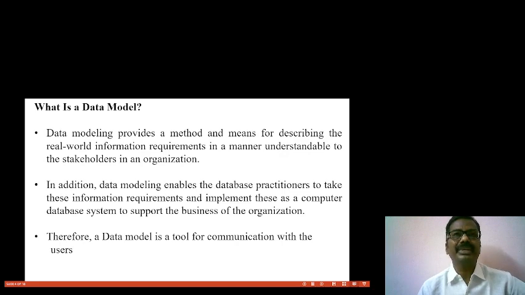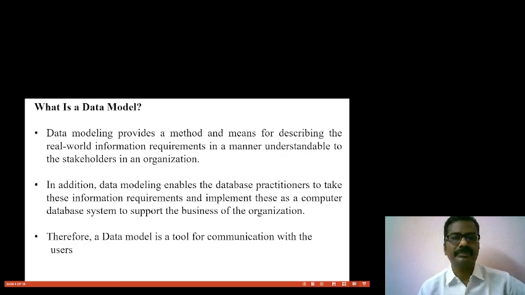For example, we have a banking scenario. How do we represent that banking scenario by means of a model? If you don't represent that banking concept by means of a modeling diagram, you cannot convey to the users what the banking concept is all about.